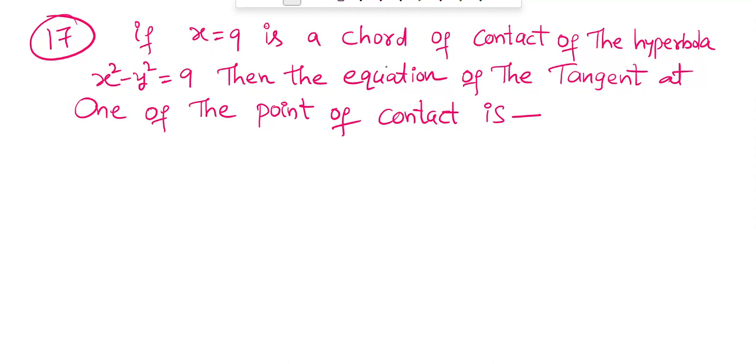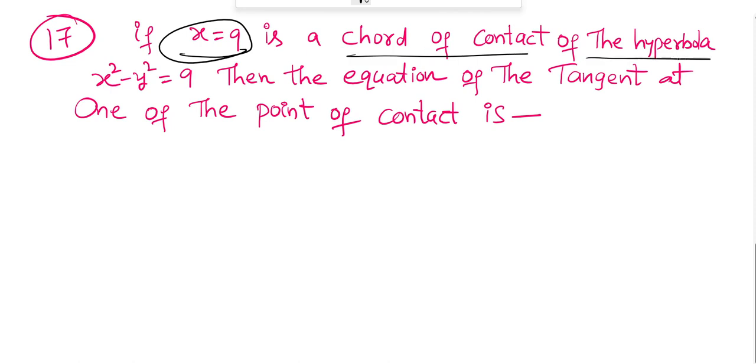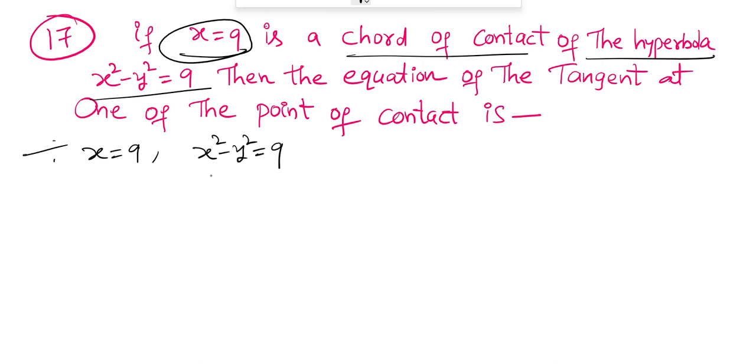This is the 17th question. If x is equal to 9 is a chord of contact of the hyperbola x square minus y square is equal to 9, then the equation of the tangent at one of the points of contact is dash. Here x is equal to 9 is the chord of contact, and the given hyperbola is x square minus y square is equal to 9. Substituting, 81 minus y square is equal to 9.